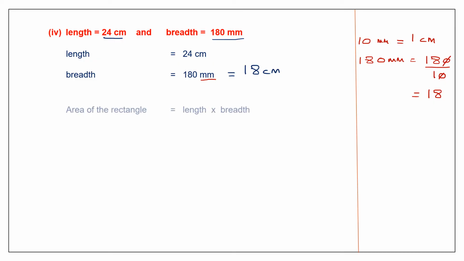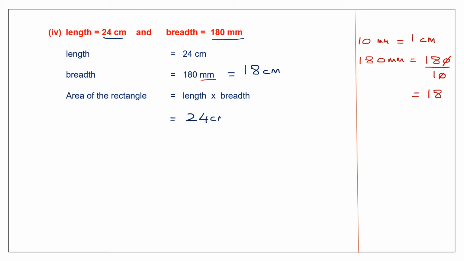Let's find the area. Area of the rectangle is length into breadth, and length is 24 centimeters. Breadth is 18 centimeters. So let's multiply 24 and 18. 8 fours are 32, carry 3. 8 twos are 16, 17, 18, 19. Second step, 1 four is 4, 1 two is 2.